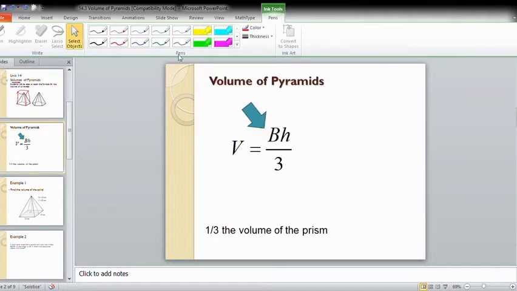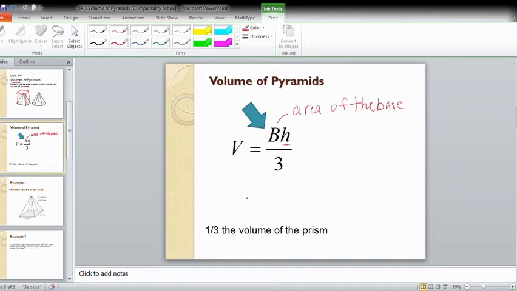So the volume of any given pyramid is equal to big B, which remember is the area of the base, times the height of our pyramid, and it's all divided by 3.